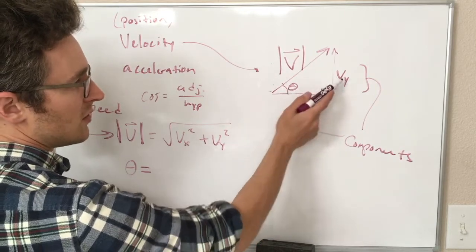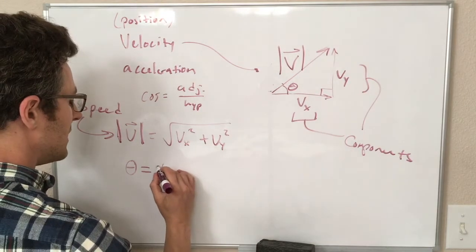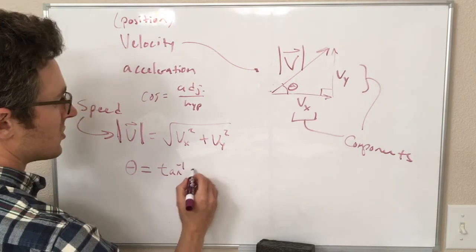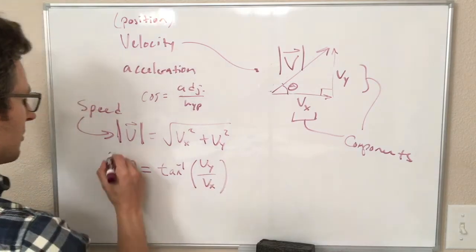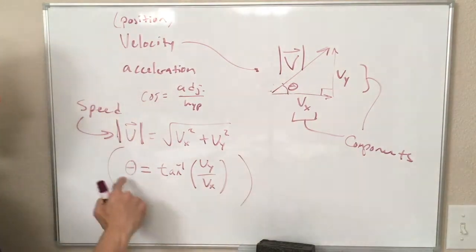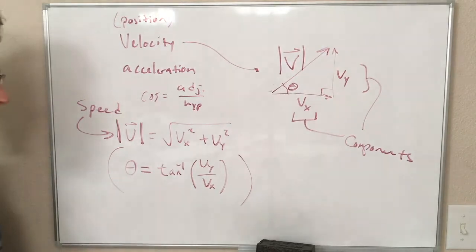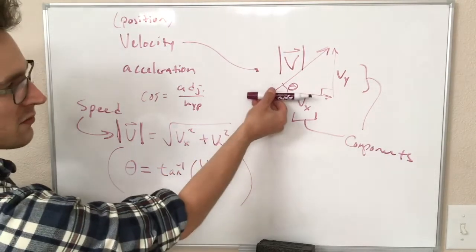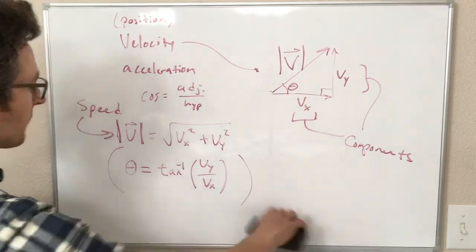The tangent of theta is Vy over Vx, which means theta is equal to the inverse tangent, or the arctangent, of Vy over Vx. And I'm going to put parentheses around this again because this equation is not always true. It depends on how we are defining our theta, whether it's relative to the horizontal or to the vertical or from something else. All right.